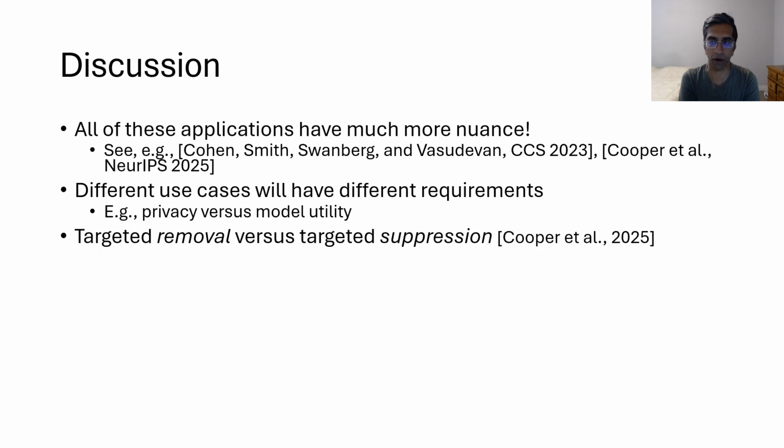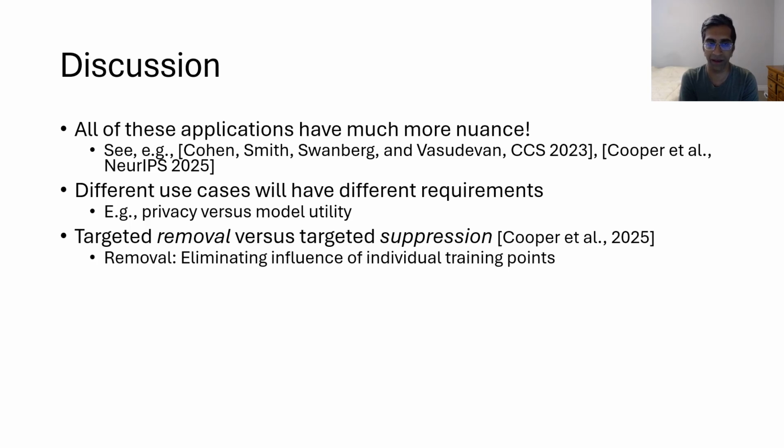Another important distinction I want to make is a terminology which Cooper et al. really delineate, which is targeted removal versus targeted suppression. These are different terms, and machine unlearning is overloaded in the sense that it often refers to both of these. What targeted removal means is that you remove all influence of individual training data points.